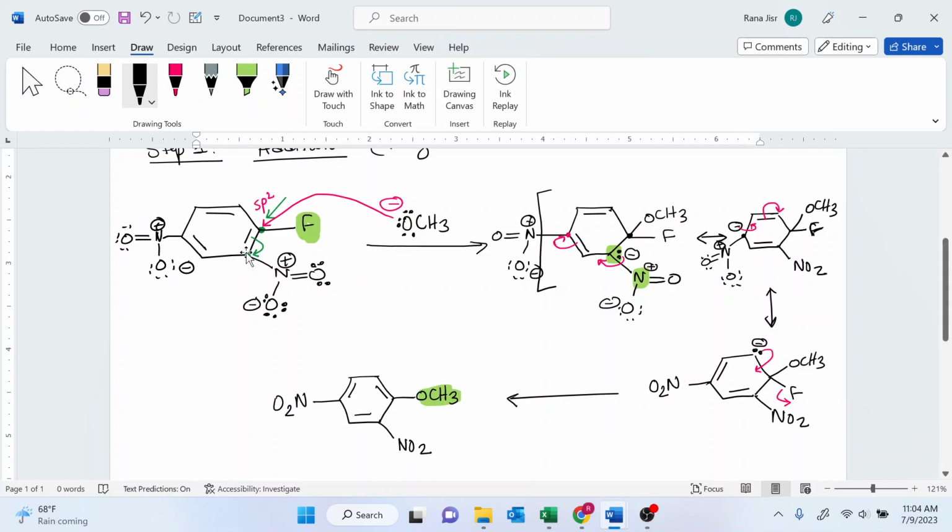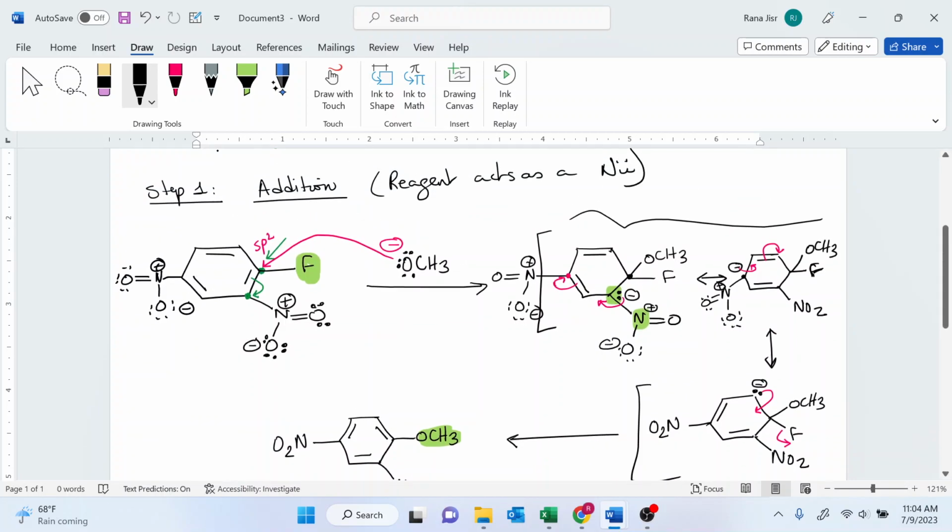Again, we need the electron withdrawing group to be either on the ortho or the para position because all of those are carbanion intermediates. And the carbanion is always stabilized whenever the negative charge is directly connected to the NO2.